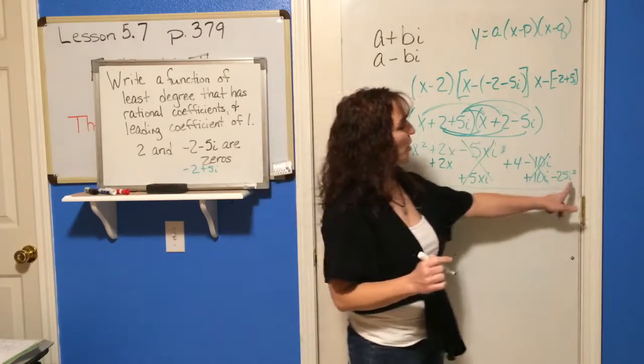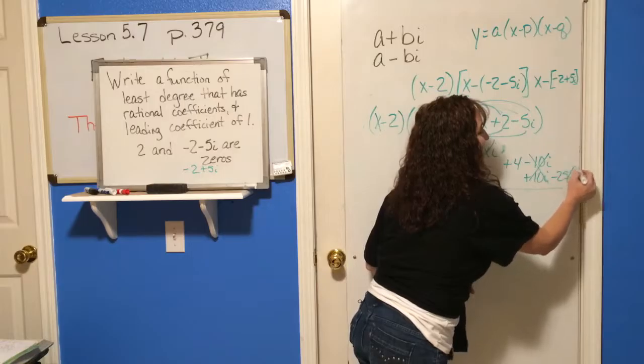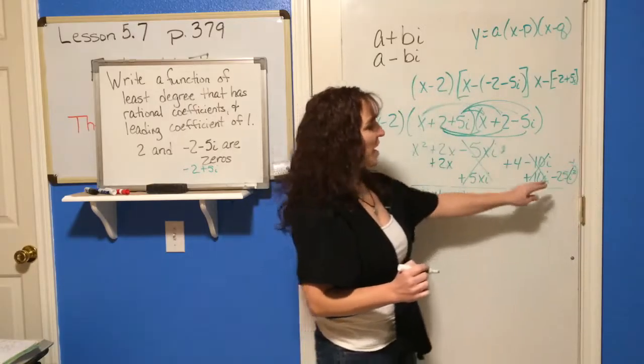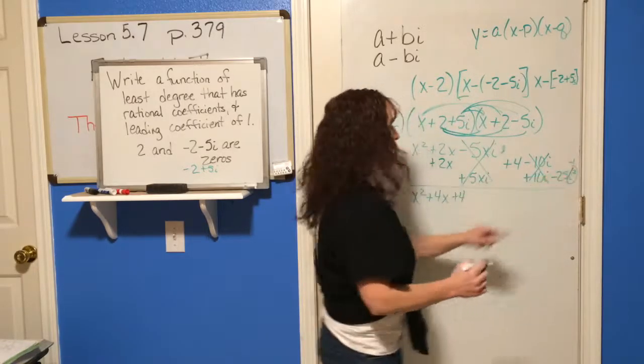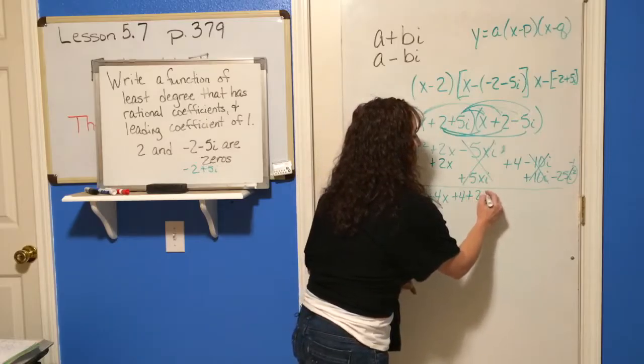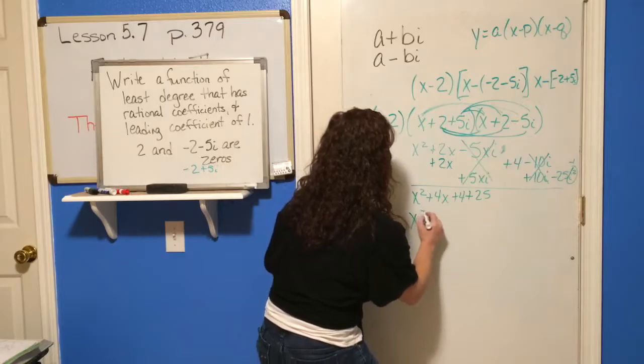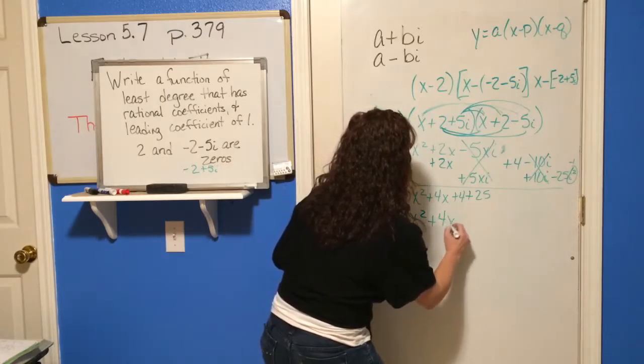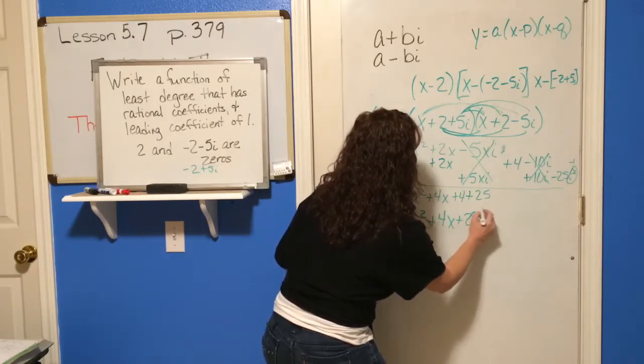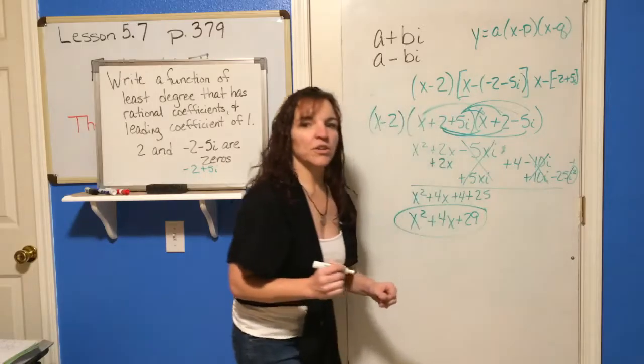Remember that i squared is the same as negative 1. So we've got a negative 25 times a negative 1 makes this plus 25. Simplifying it one more step, x squared plus 4x plus 29 is our final function.